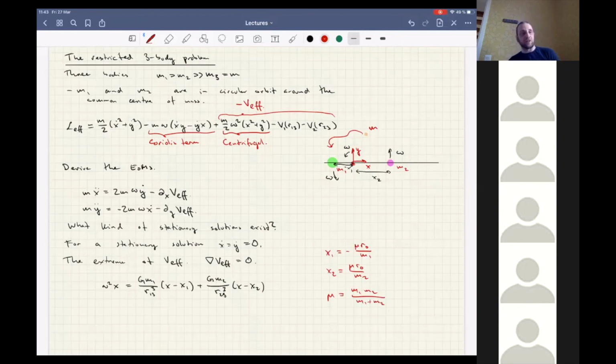So these are the positions of the masses m1 and m2 relative to the center of mass. And you can see that if you add them weighted by the mass, you get 0.